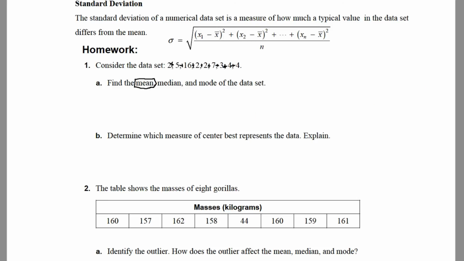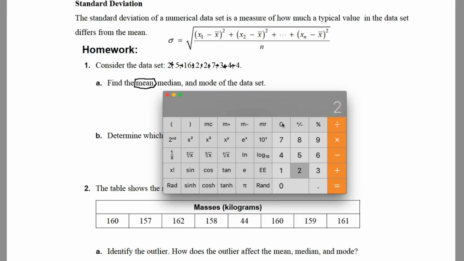And to do that, I would just use a basic simple calculator. 2 plus 5 plus 16 plus 2 plus 2 plus 7 plus 3 plus 4 plus 4, and we get 45. Now we take that number and divide it by however many numbers there are.